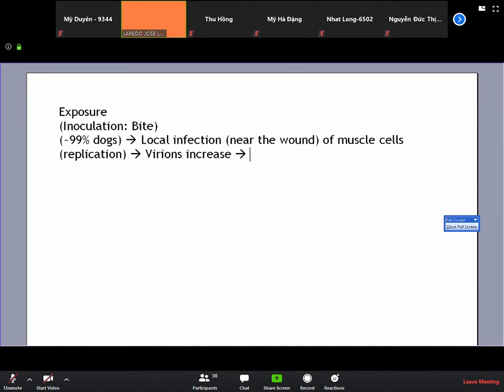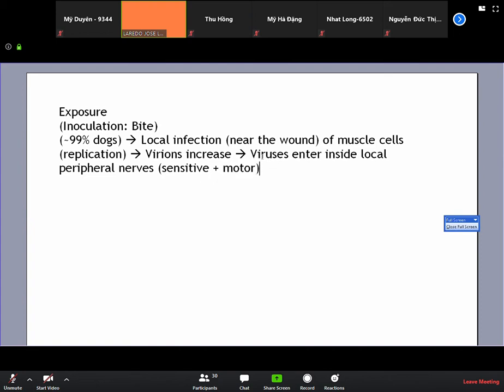And now comes the most important step in the pathogenesis of rabies. Viruses, so the virions, enter inside the local peripheral nerves. These nerves are both sensitive and motor nerves, both. You know this from anatomy.